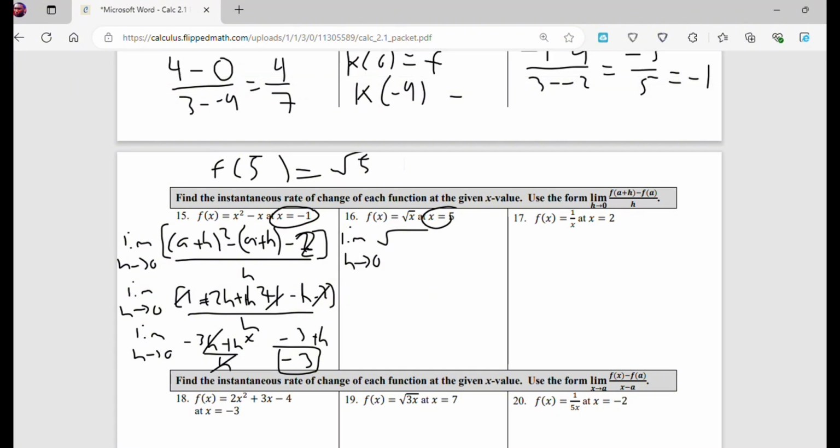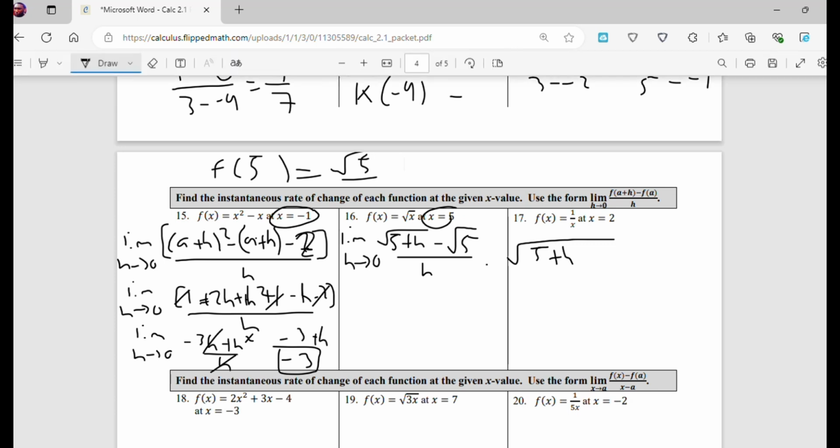Square root of f of a, our a is 5, plus h, minus f of a, which is right here, square root of 5, over h. Now, if this looks familiar, well, it is. We have to conjugate this.